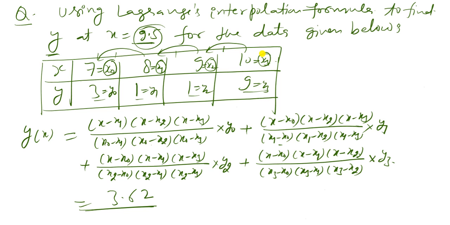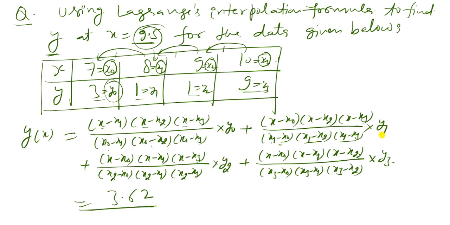So x minus, that is, leave the first argument in the numerator: x minus x1, x minus x2, x minus x3, divided by x naught minus x1, x naught minus x2, x naught minus x3, that is, x replaced by x naught in the denominator, multiplied by y naught, plus now leave the second argument x1: x minus x naught, x minus x2, x minus x3 upon x replaced by x1 in the denominator, then it will be x1 minus x naught, x1 minus x2, x1 minus x3 into y1.